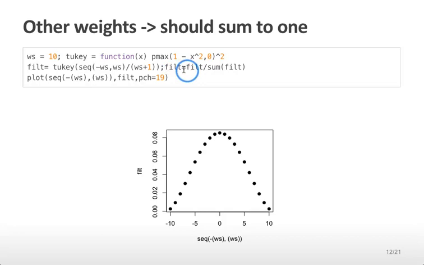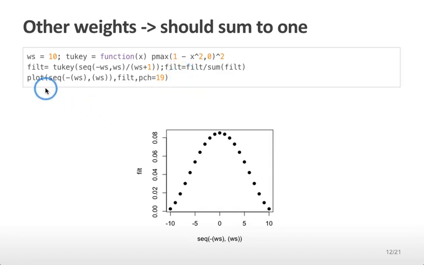We then take that filter and we divide it by its sum. The reason why is because we want the set of weights to sum to 1. There's a particular mathematical property that shows that when the sum of the weights is equal to 1 and a few other properties hold, you get a good estimate of the function when you use this smoothing.